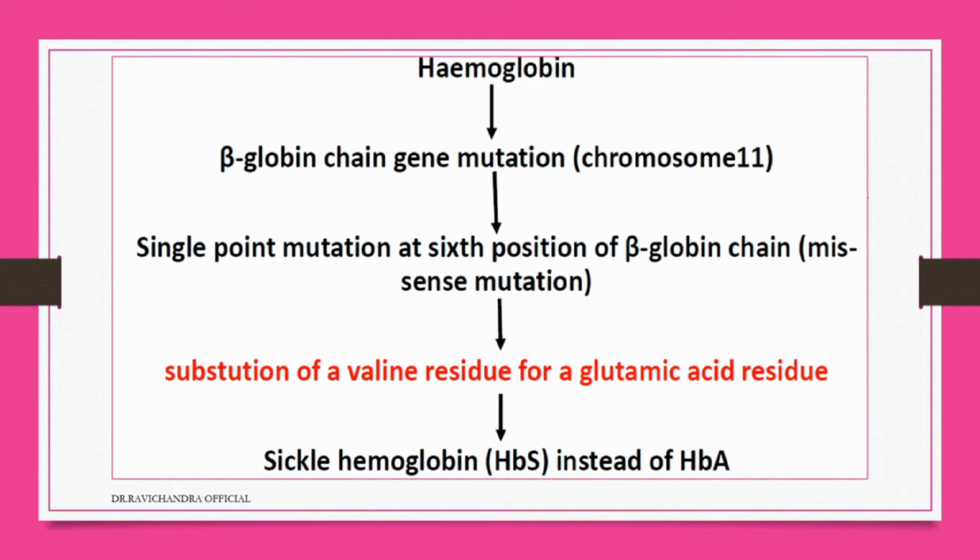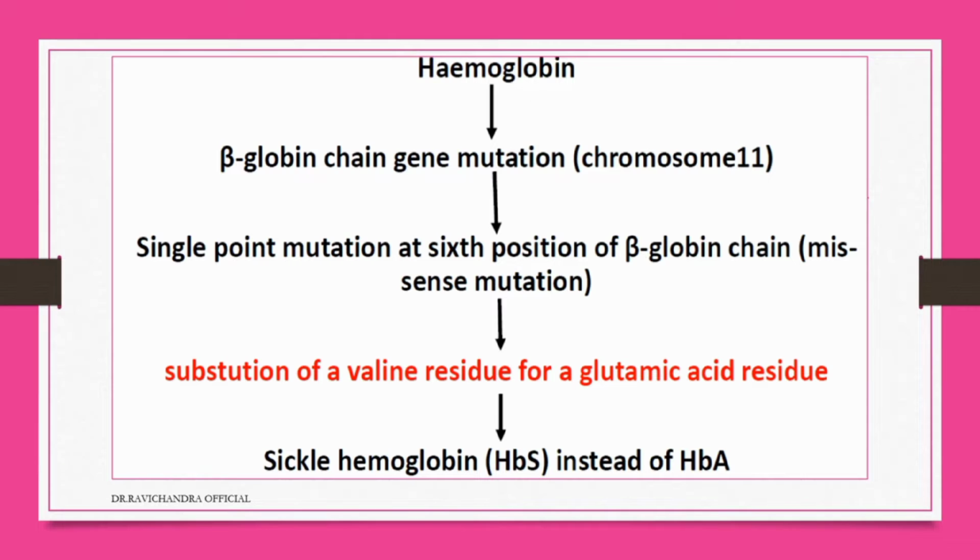The hemoglobin consists of... the genes are present on chromosome 11, beta globin gene. There will be a mutation in this chromosome 11, which is a single point mutation at the sixth position of the beta globin chain. You can call it a missense mutation, or point mutation.